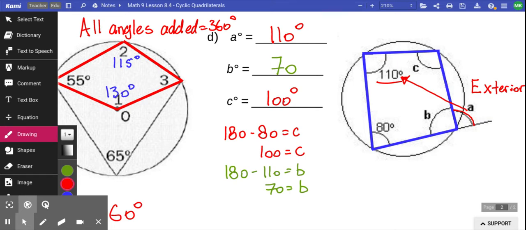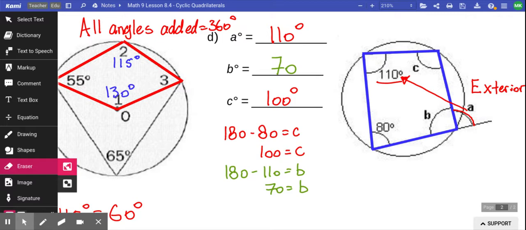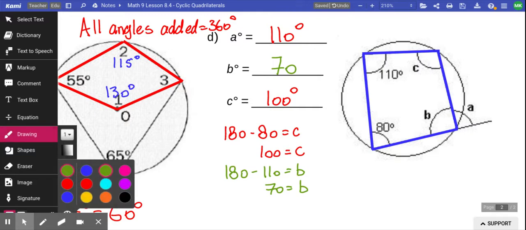Now, there is another trick that we could use that we've learned from before to be able to find angle A. So I'm just going to talk about it. That trick has to do with the fact that we know what angle B is. So we know that angle B is 70 degrees. And the trick comes from remembering that if you have a straight line, the angle that goes all the way across that straight line should equal 180 degrees.